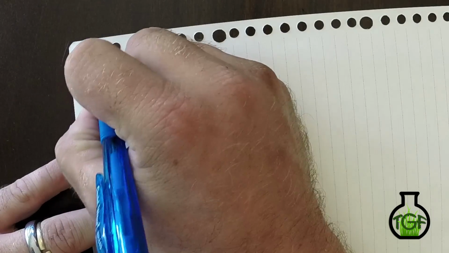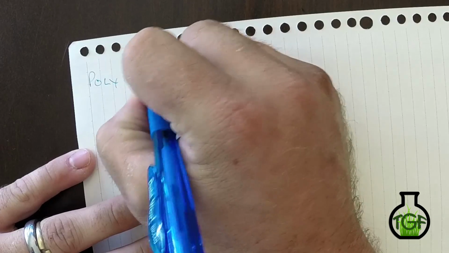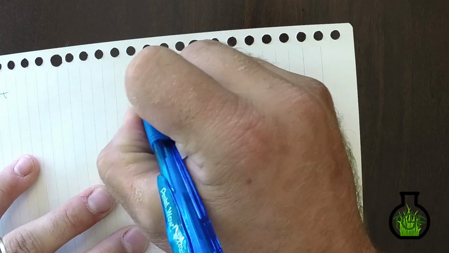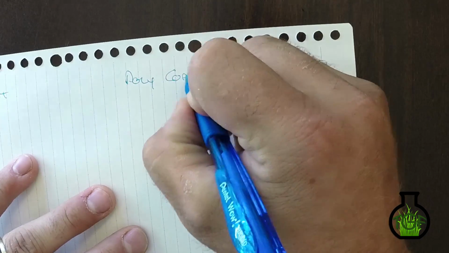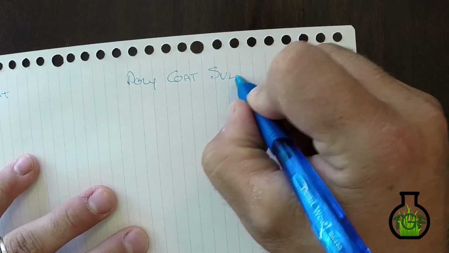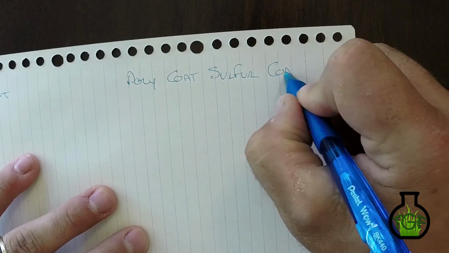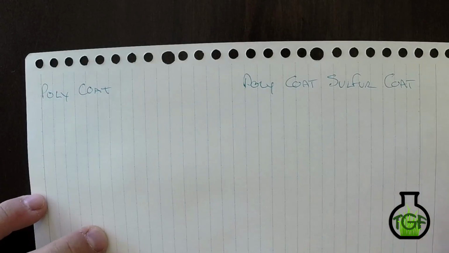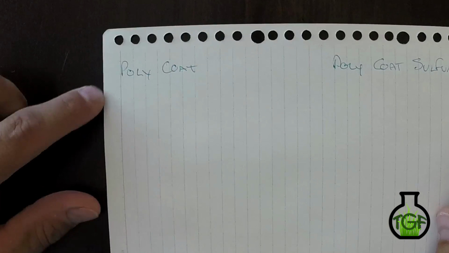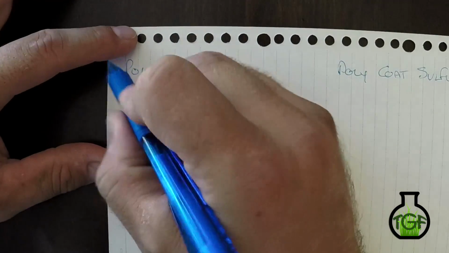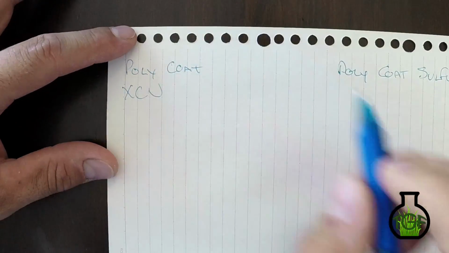So probably our most popular forms of slow release fertilizers, of slow release urea, are going to be Polycoat and Sulfur Coat. Polycoat is also going to be branded XCU.